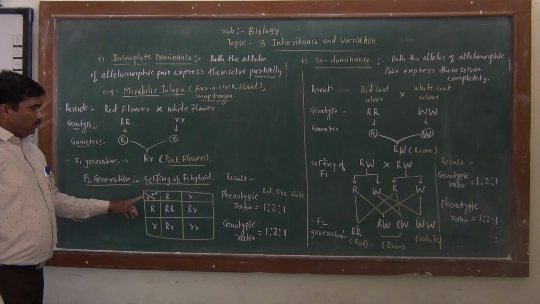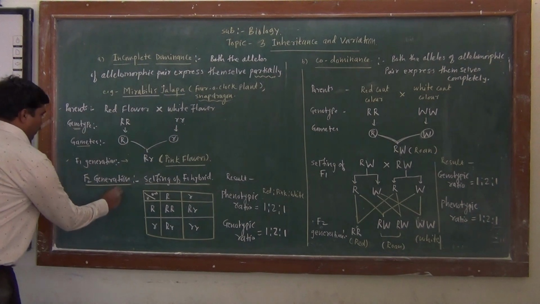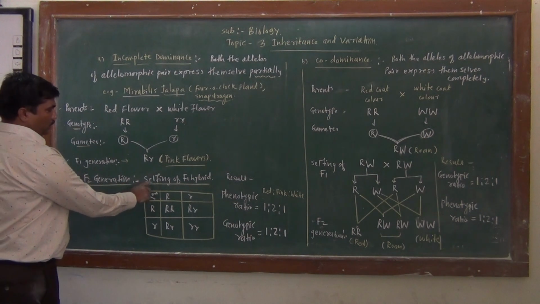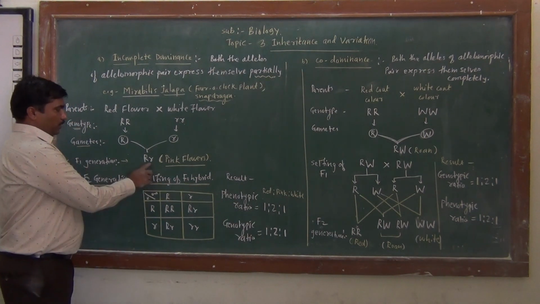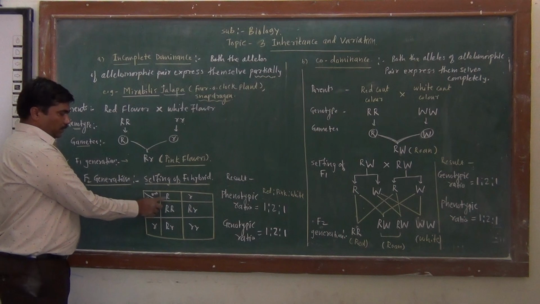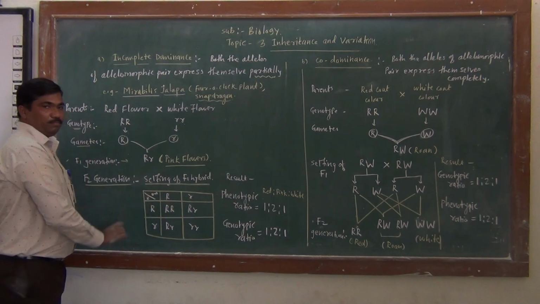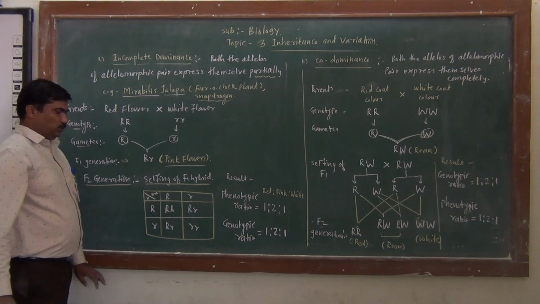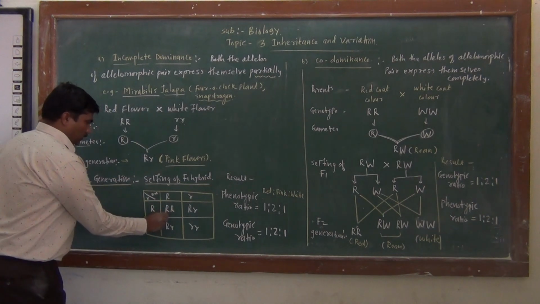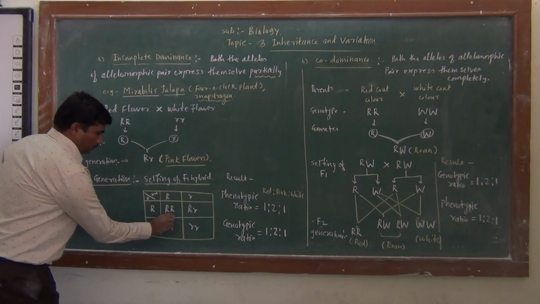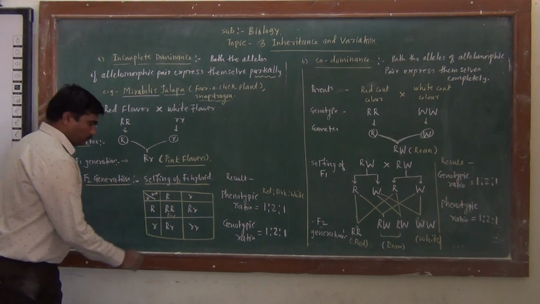Then we get the F2 generation by selfing the F1 hybrid. We get gametes of the F1 hybrid, that is capital R, small r, capital R, small r, male gametes and female gametes. We get 4 individuals in which the first is homozygous dominant, the red flower.